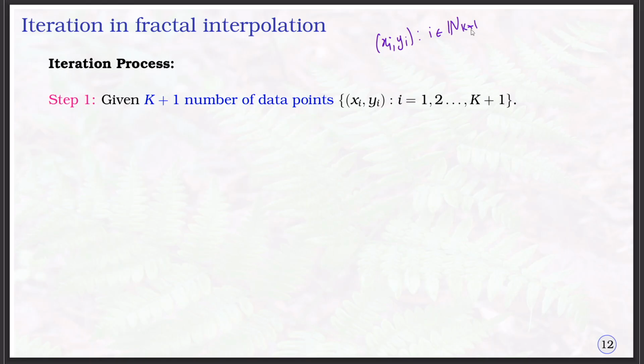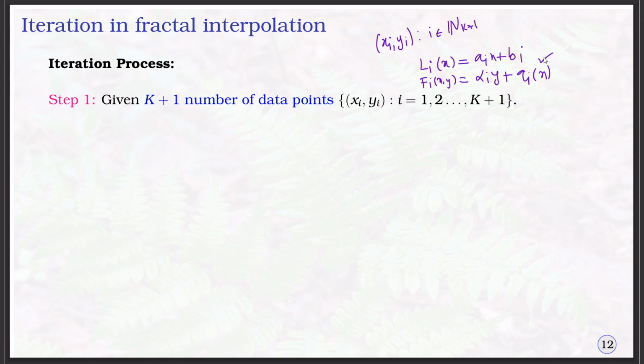As you know, for generating a fractal interpolation function we use the mappings Li of x equal to ai x plus bi, and Fi of x comma y equal to alpha i times y plus qi of x. The qi may be any function, whether affine or non-affine.